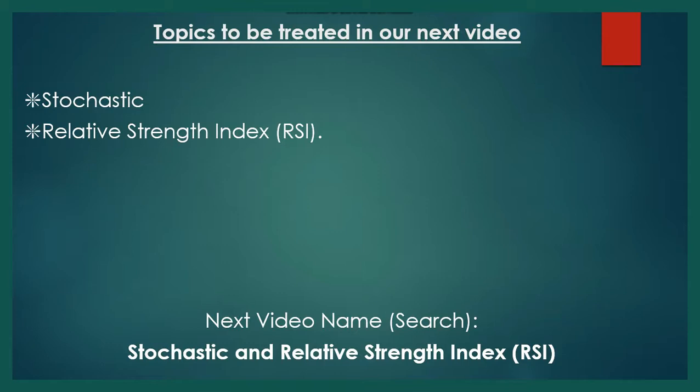So search for our next video on YouTube by typing in this name, stochastic and relative strength index in bracket RSI. Search it on our channel and watch how they work as well.